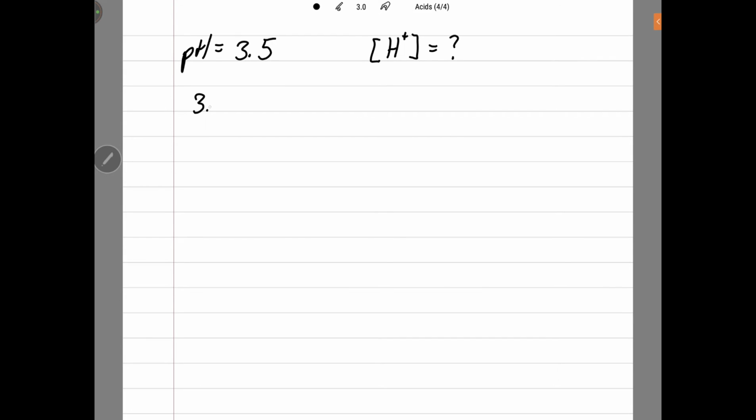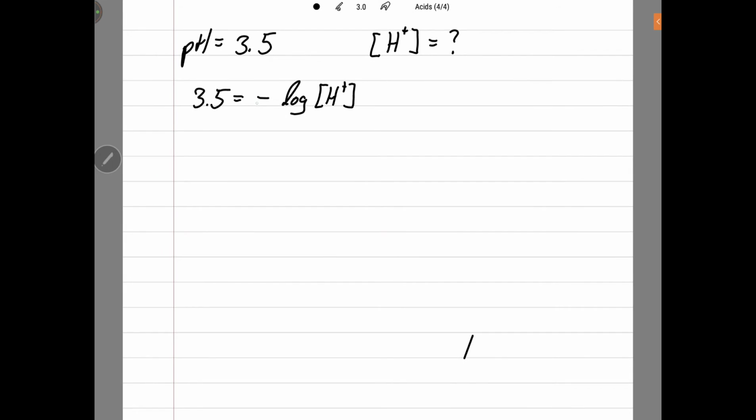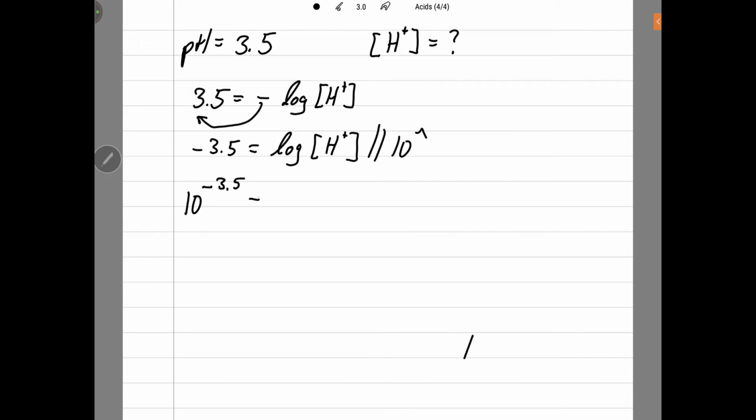So 3.5 equals minus log of proton. Bring the negative sign to the other side. So we have minus 3.5 equals log proton. We take both sides 10 to the power of. We have 10 to the minus 3.5 equals 10 to the log of the proton concentration. 10 and log cancel out.